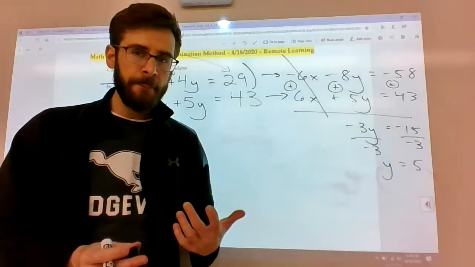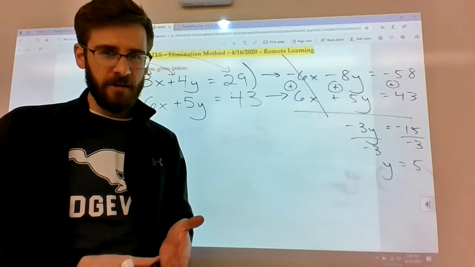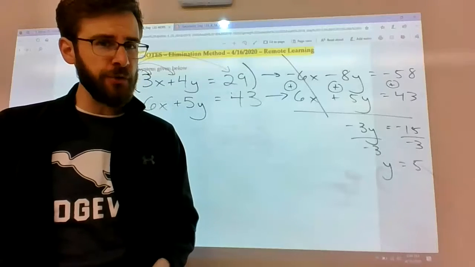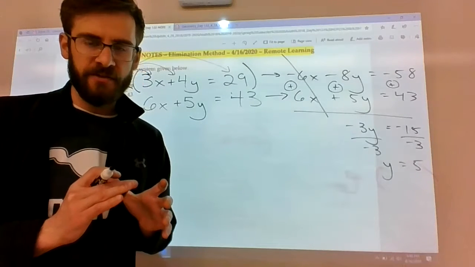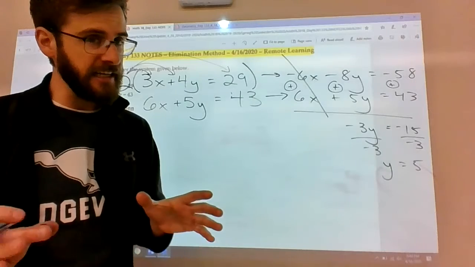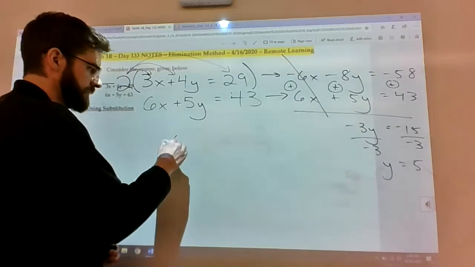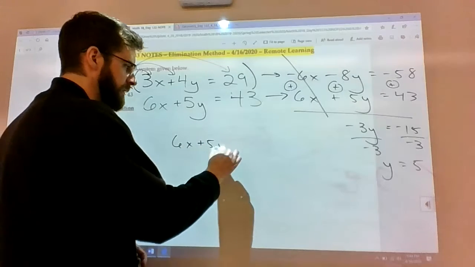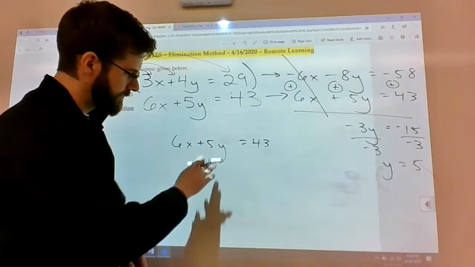Now from here, if you want to get the y's to be the same and do the exact same thing, you can do that. But realize this, once you find y, you literally can take any of the equations, like this one, and say, y is 5.